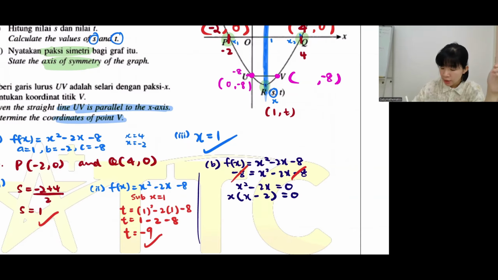So the first x is the one outside. This x equals 0. This is the first answer. Second answer, this bracket also equals 0. So you write it out: x minus 2 equals 0. So at the end, x is how much? x is 2. Now guys, we have both answers 0 and 2. Which one must be rejected? Which is the one that we don't want?